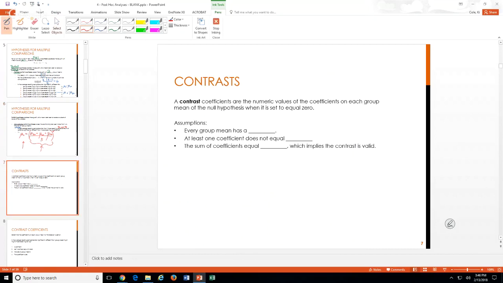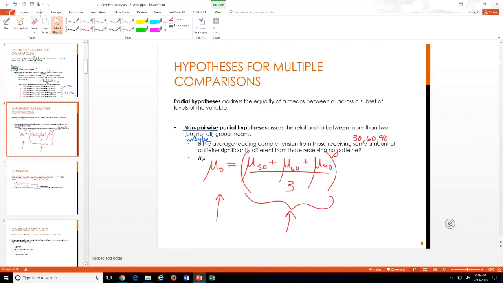A contrast or a contrast coefficient, these are the numeric values of the coefficients on each group mean of the null hypothesis, specifically when it is equal to 0. So think about this being a null hypothesis.